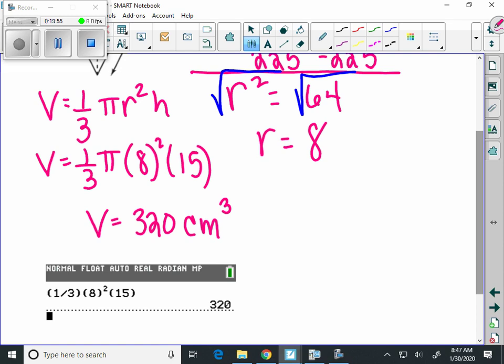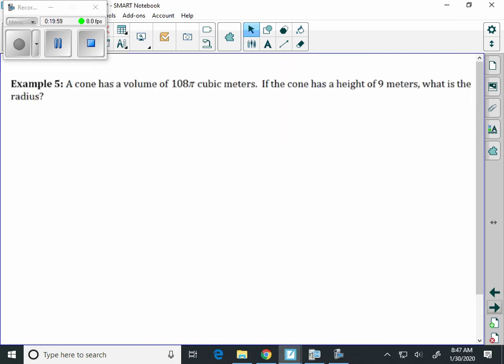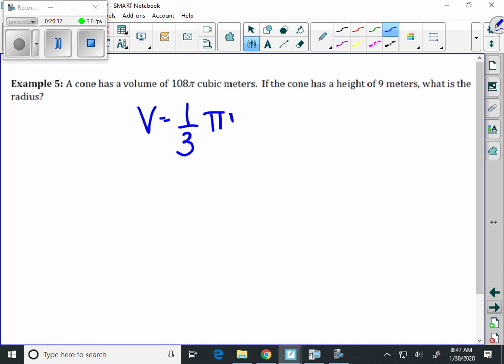But lastly, as long as we know the formula, I hope we can figure out the answer here. This time we know the volume of a cone, and we want to figure out the radius of this. So our formula is 1/3 pi r squared h, and fill in what we know.